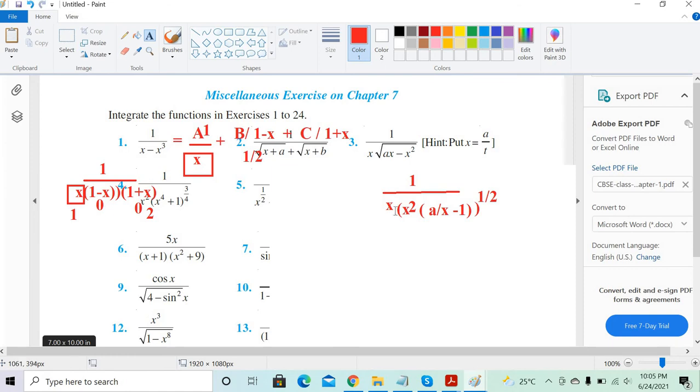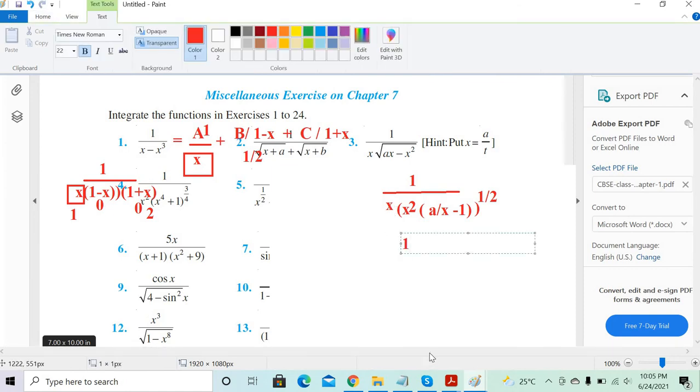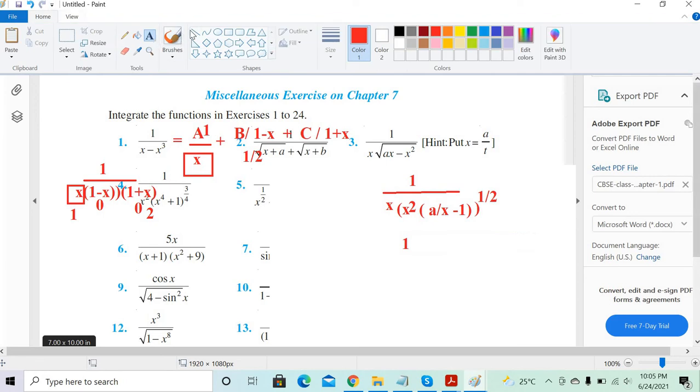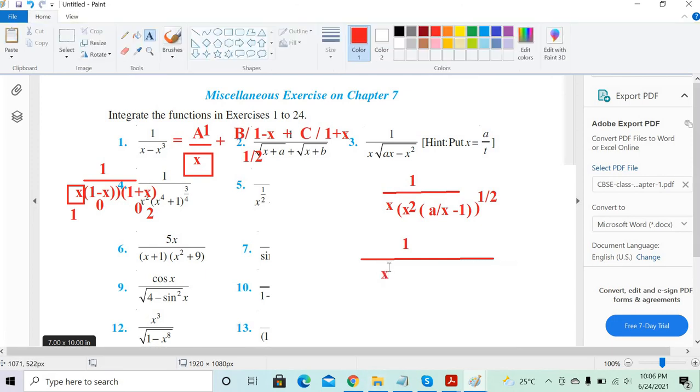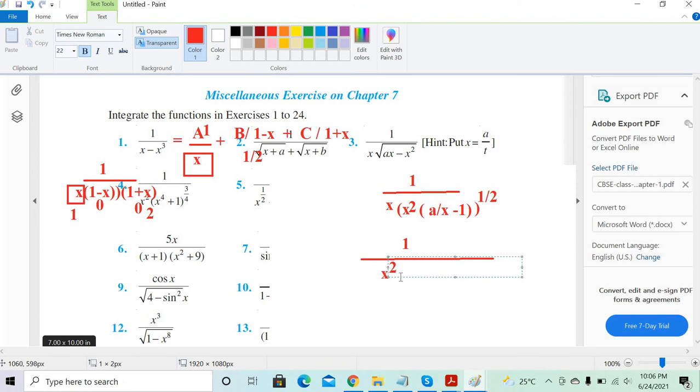So this x square will come out of the root, will become x square here. So 1 by x square, correct? And this will become bracket a by x minus 1 whole power 1 by 2.